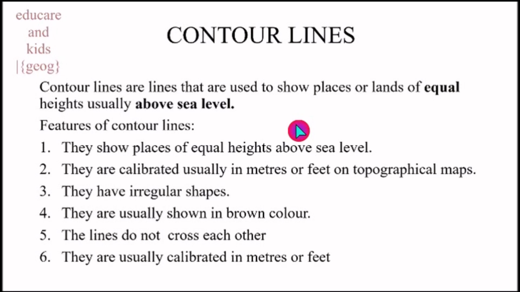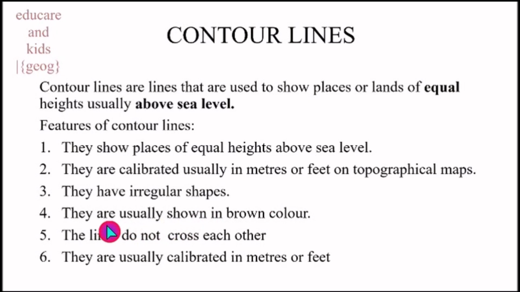So first, they show places of equal height above sea level. 2, they are calibrated, usually in meters or feet, on topographical maps. 3, they have irregular shapes. 4, they are usually shown in brown color.